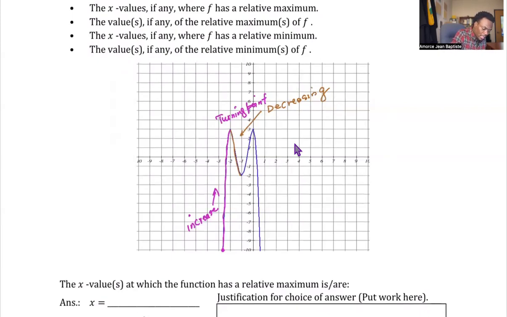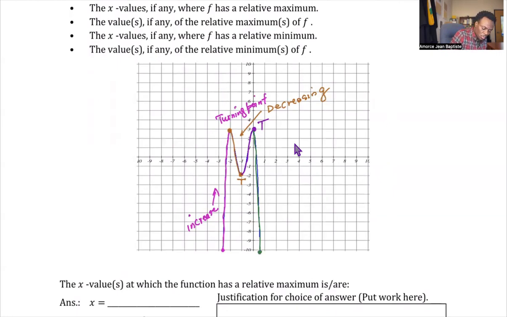We're not going to forget that this is another turning point, right? I'm going to put T for turning point. That's a turning point here. And then from there, we can also go up, up, up, another turning point. And then from that, we can also go down, all the way to the last end of the graph.